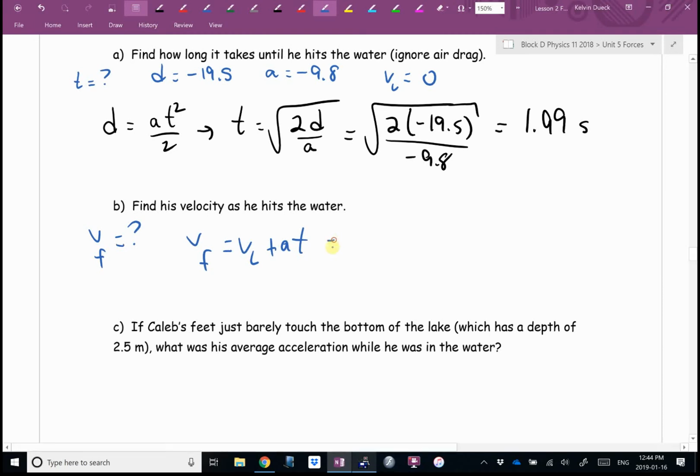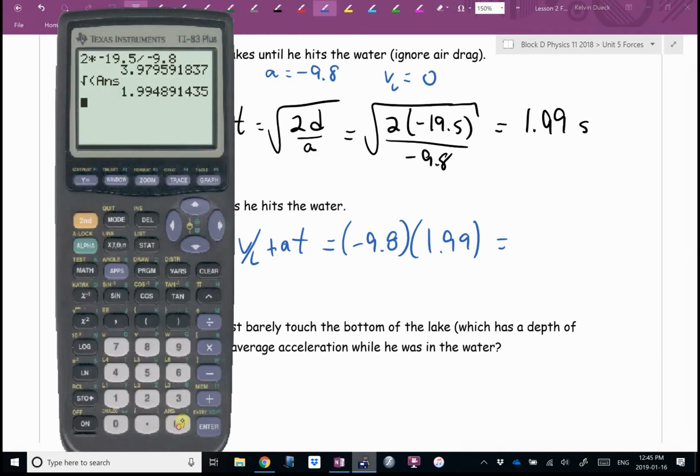So I'm going to get this negative 9.8 times, I'm going to write 1.99, but what button am I going to use on my calculator? Yeah, more accurate and less typing. And I get negative 19.5. This is just an interesting fluke.